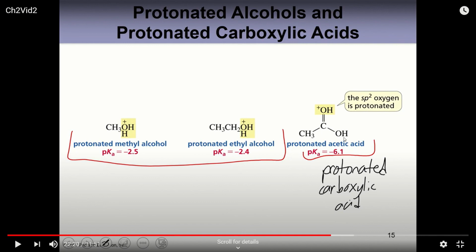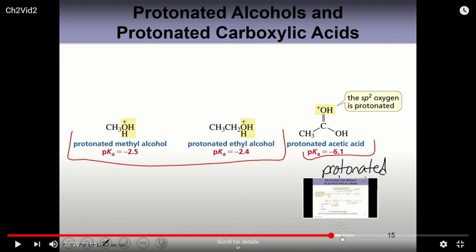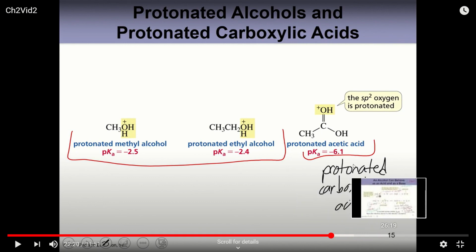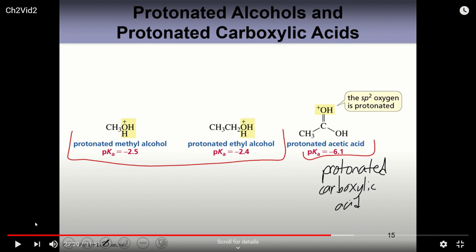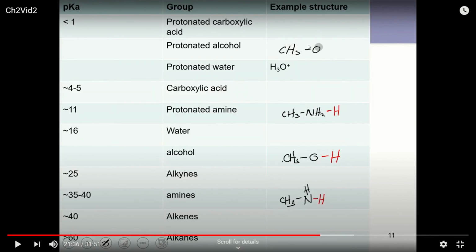I'm going to let you guys draw the carboxylic acid functional group into your chart on your own. As we go through the PowerPoint, you'll see each of these different types of molecules: carboxylic acids, protonated carboxylic acids, water, alkynes, alkenes, and alkanes, and the pKa is given here.